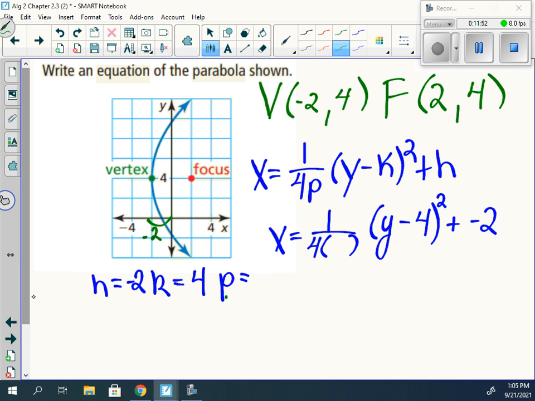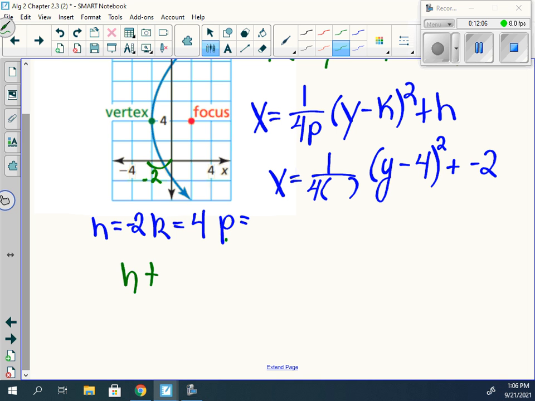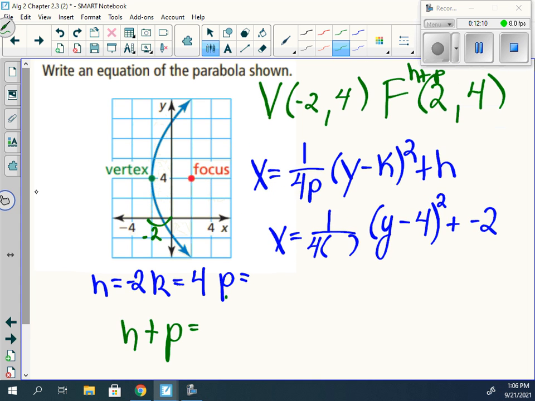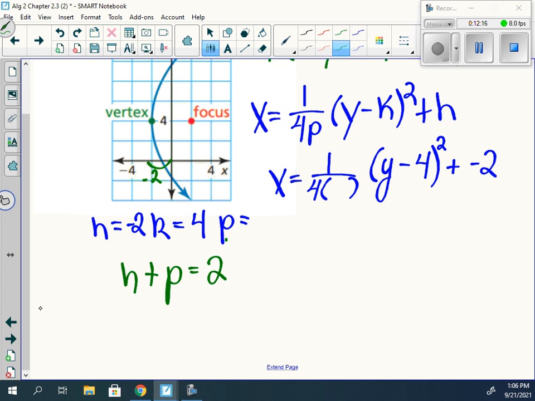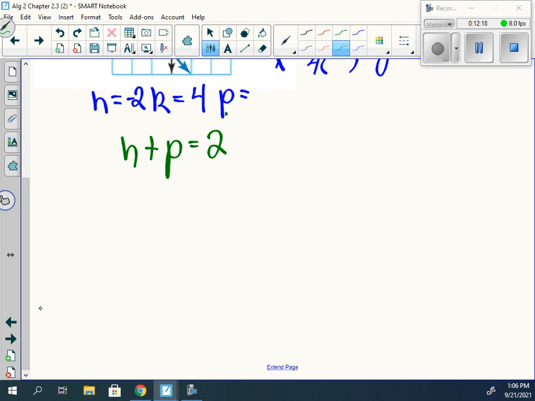Now we said p shows up in the focus because h plus p is the x value of the focus. So for us here, h plus p is going to equal what? 2. But you might have been answering another question coming up.